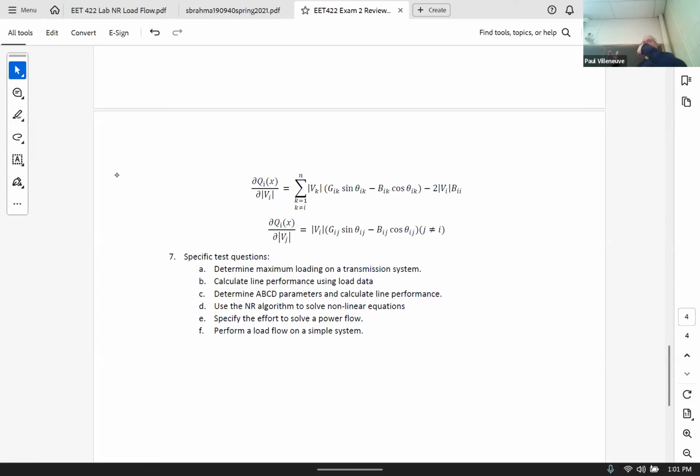Being able to take the knowledge that you've hopefully developed and make it so that it's a reasonable result in getting your power flow, that's what I'm interested in. So specifying the effort means you understand what you're doing. Not can you do it necessarily, because if you ask me to do a 10 bus system, I can guarantee you I'm going to make mistakes on the first pass, 100%.